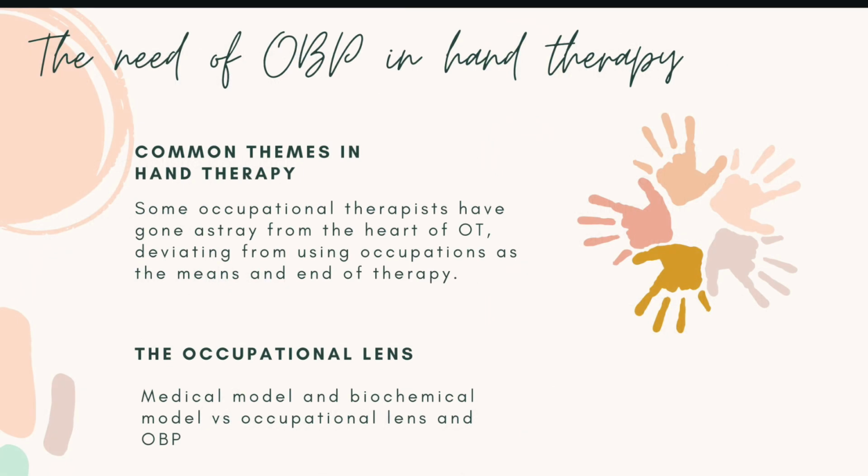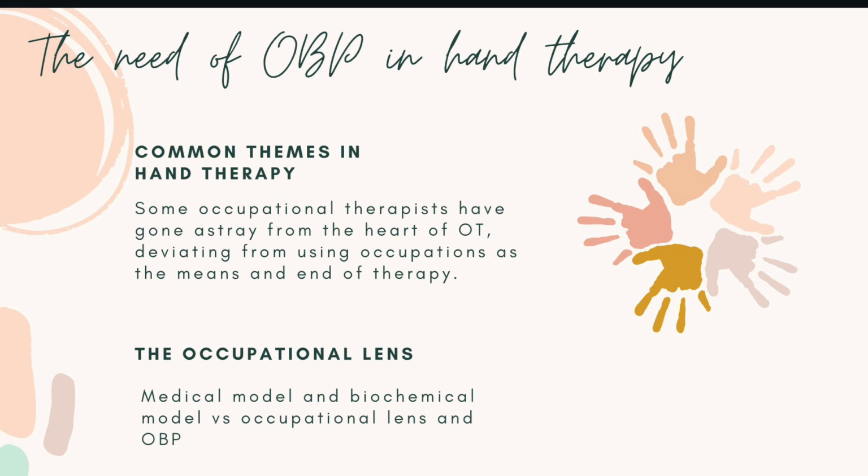So why are we talking about occupation-based practice specifically for hand therapy clinics? It has been found in research that some OTs have gone astray from the heart of occupational therapy and have deviated from using occupations during their interventions. We have shifted from using the occupational lens and OBP to a more medical model focusing on person factors and biomechanical body functions.